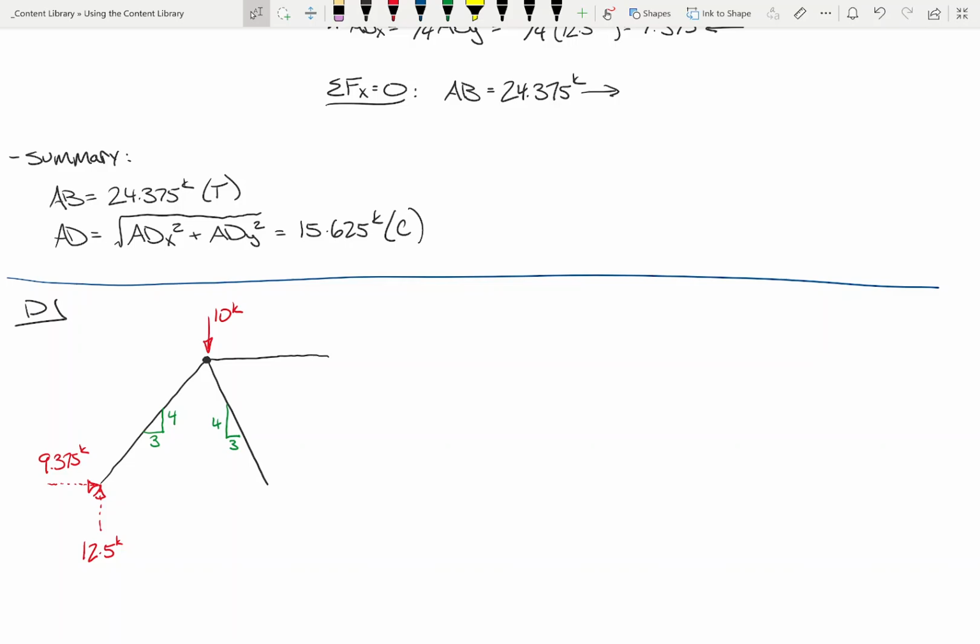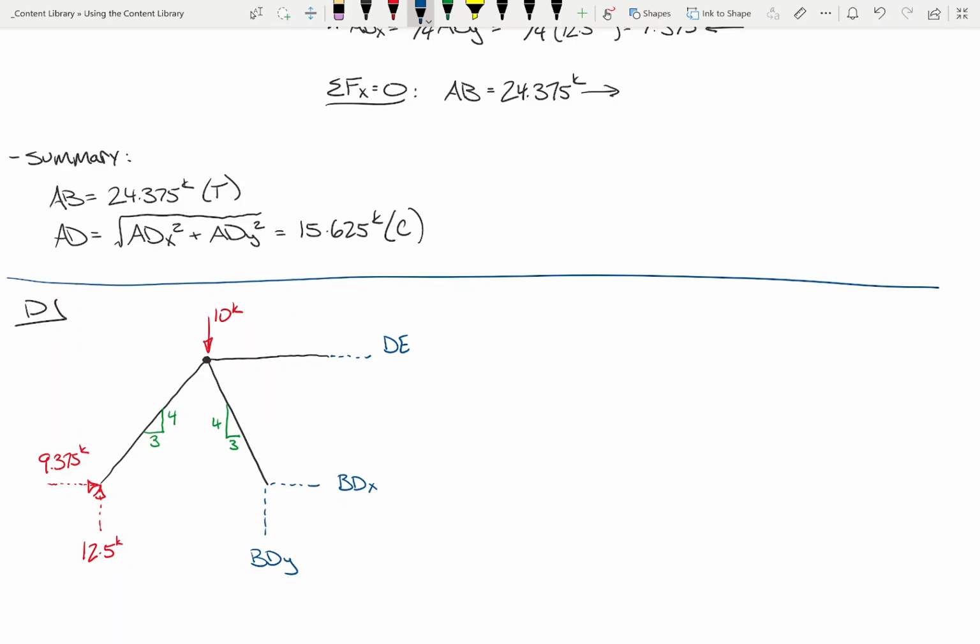Now for my unknowns. Same as before. Diagonal's going to have 2. This is going to have 1. Let's name these. Let's call this DE, and BDX and BDY. So tell me what I should do first.